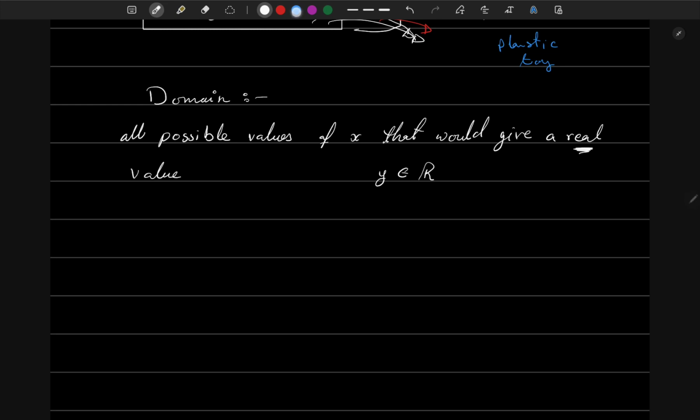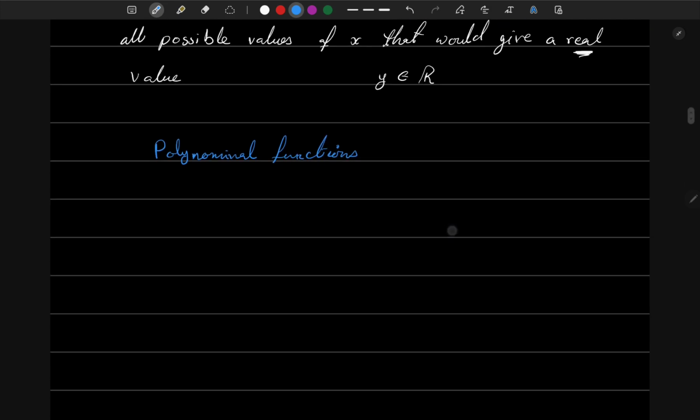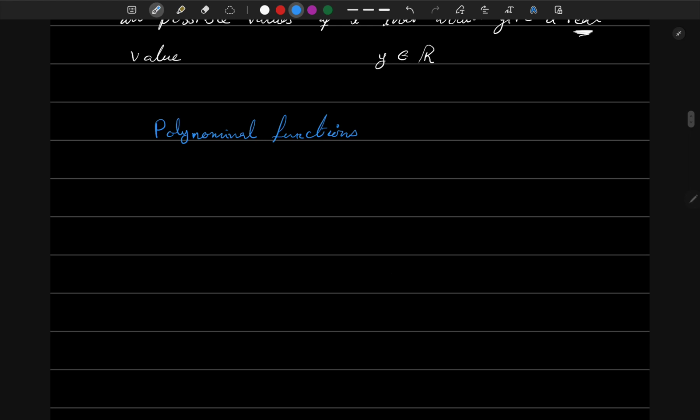Let us divide functions into 3 groups to find their domains. And the first group would be the polynomial function. What are polynomial functions?